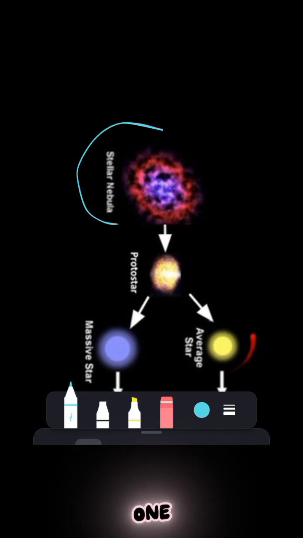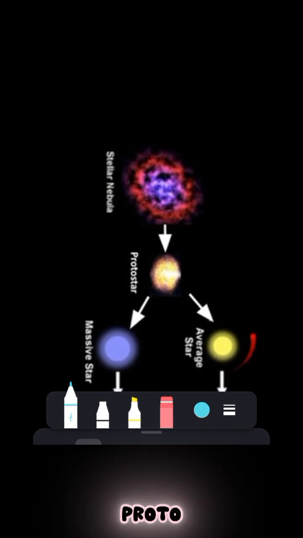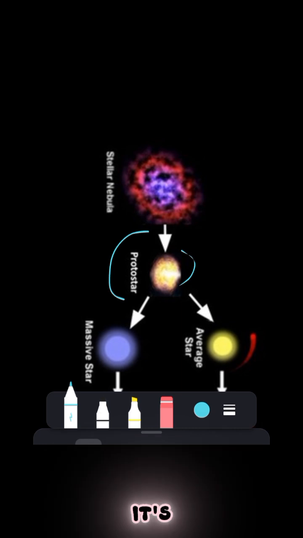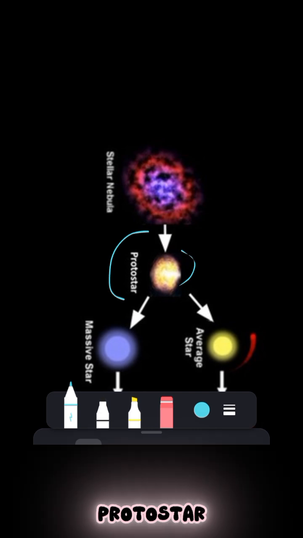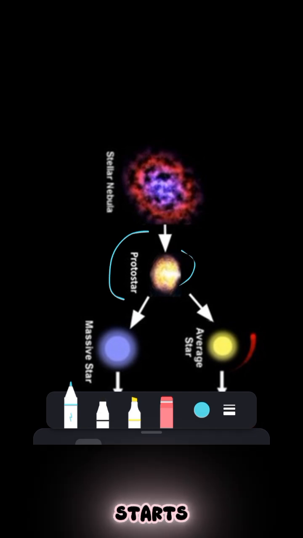And second, here you can see a protostar. It looks like Jupiter, but Jupiter is not shining, and this is shining. You can see it like the sun, a protostar. The gas starts heating up and forming a baby star.